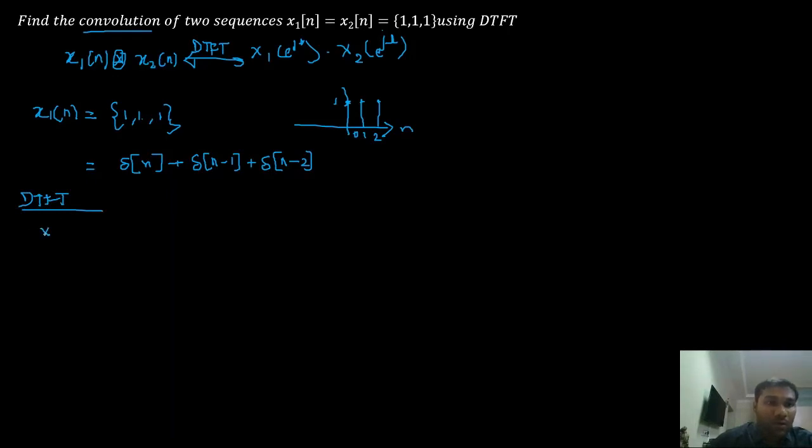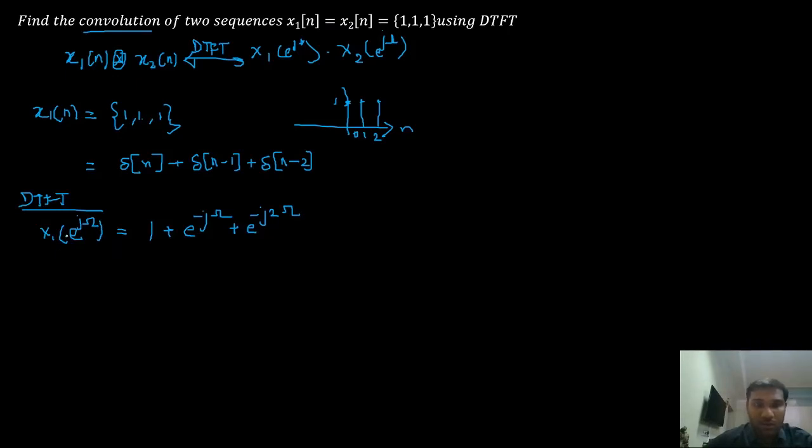X1 of e power j omega is equal to the DTFT of delta of n, which is 1, plus the DTFT of delta of n minus 1, which is e power minus j omega, and here it is e power minus j 2 omega. Since x1 is equal to x2, my X2 will also be equal to the same thing.